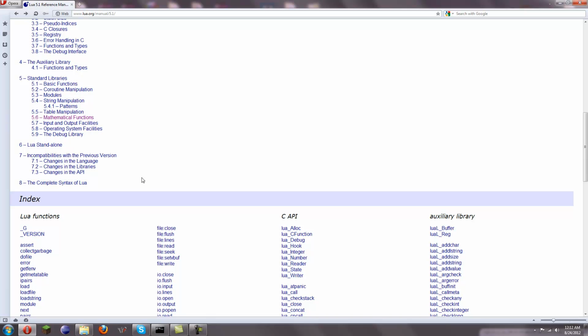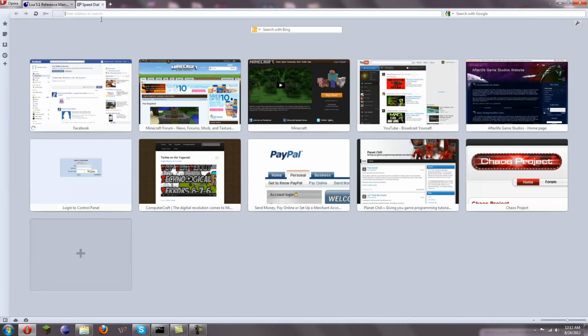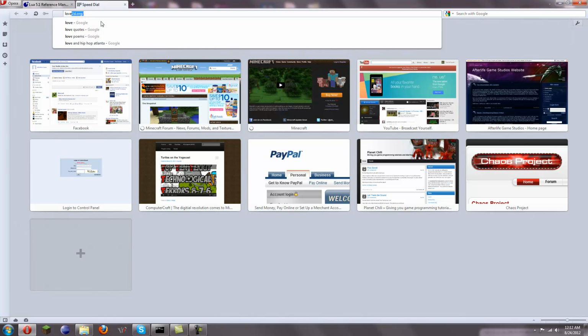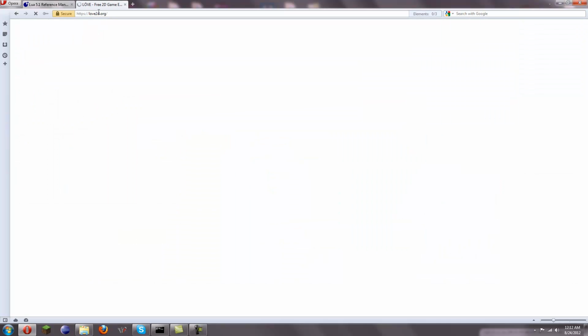And after I cover the Computercraft API and how to make Computercraft scripts in Minecraft for the Computercraft mod, I'm going to cover the Love2D API, which, if you don't know what that is, it is, if I can type, dang it, there, love2d.org.